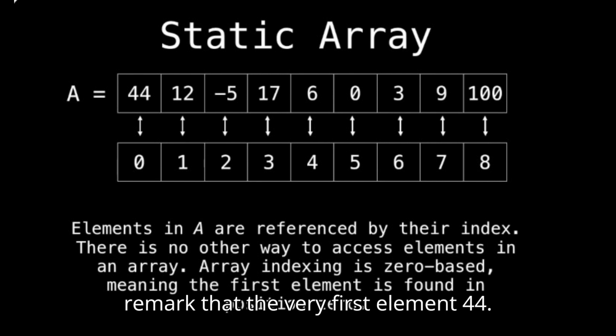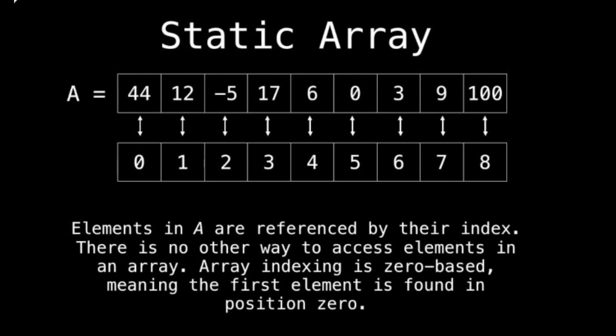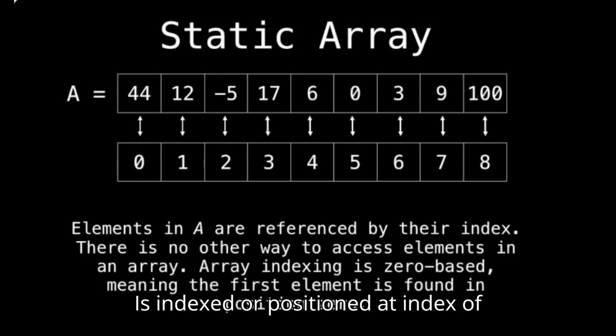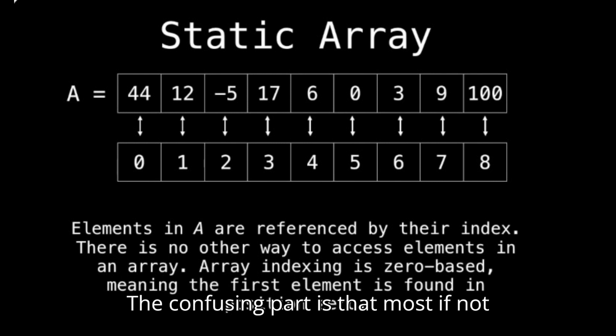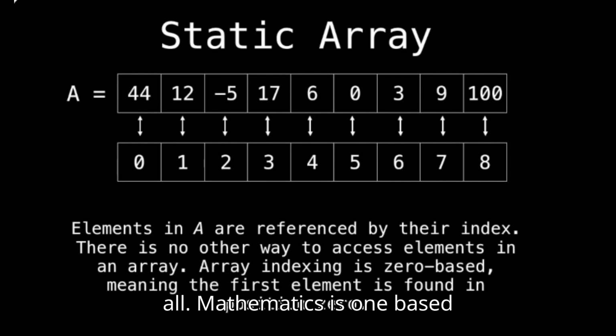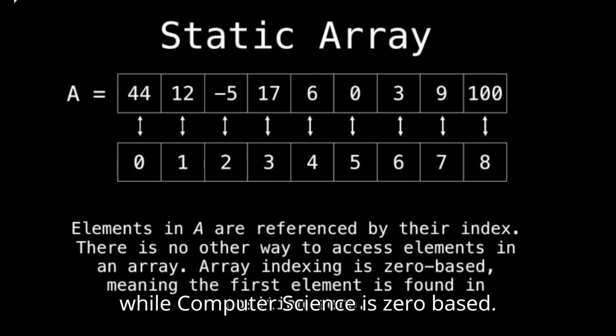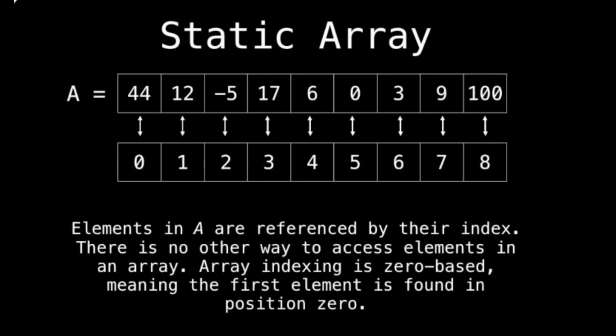Also remark that the very first element 44 is indexed or positioned at index of 0 in the array, not 1. This confuses a lot of intro computer science students. The confusing part is that most, if not all, mathematics is 1 based while computer science is 0 based. This is what causes the confusion.